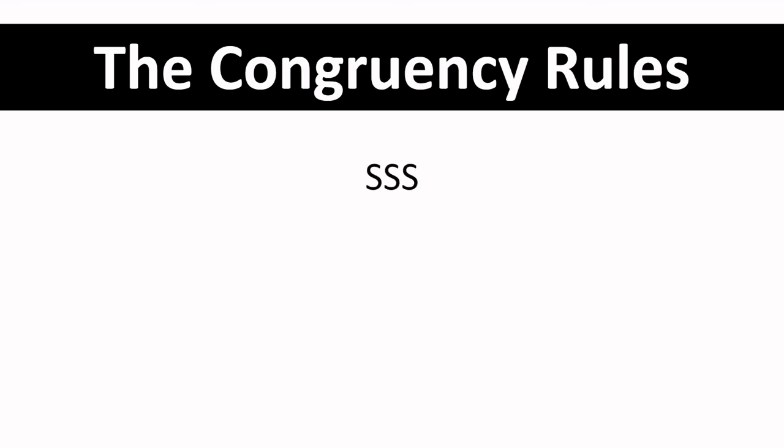To sum up our congruency rules now, make sure you've written these down and you don't get them confused. There's the SSS rule. If all sides for both triangles match, they're congruent. The SAS rule, if you've got two sides and an angle in between them for both triangles, which are the same, they're congruent. Again, if I got two angles and a side in between for both triangles and they're the same, they're congruent.